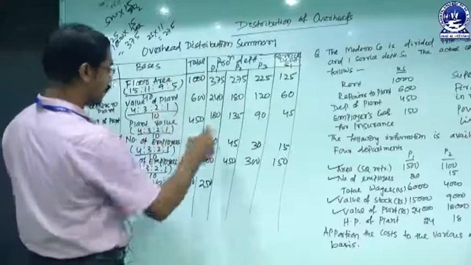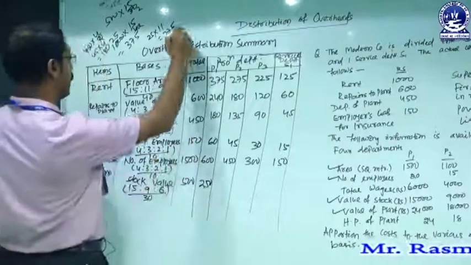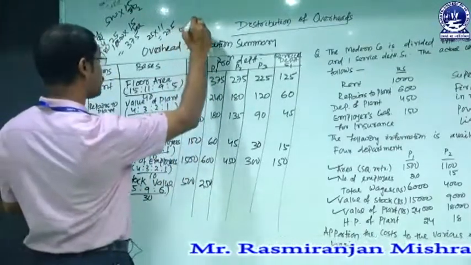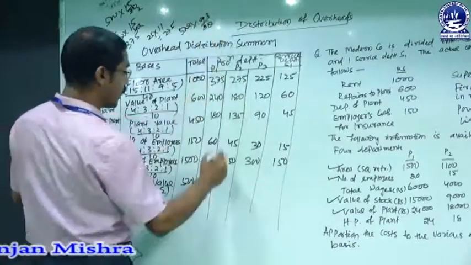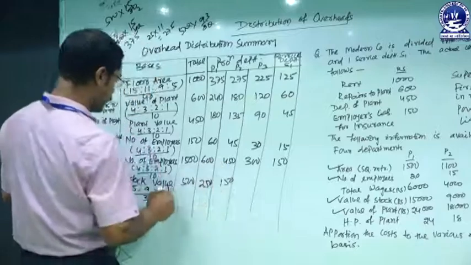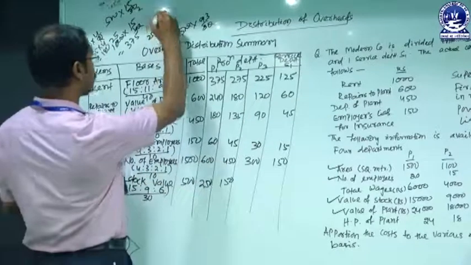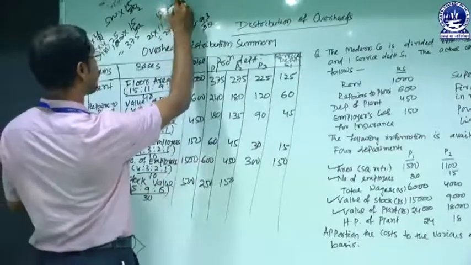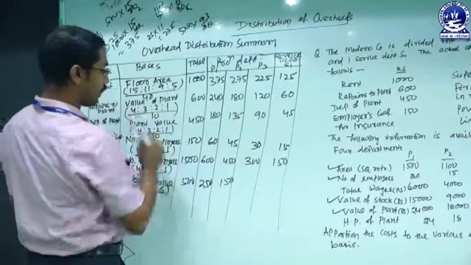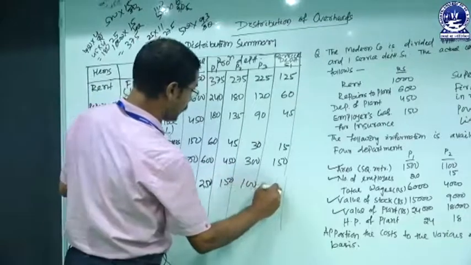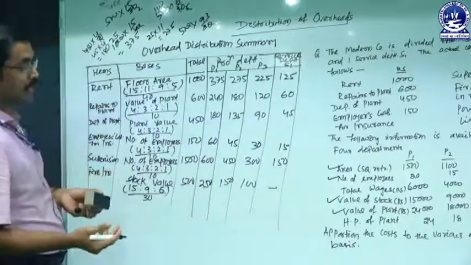Then P2 will get 500 into 9/30, so the amount is 150. Then department P3 will get 500 into 6/30, that means 100. S1 will get nothing, that is nil.